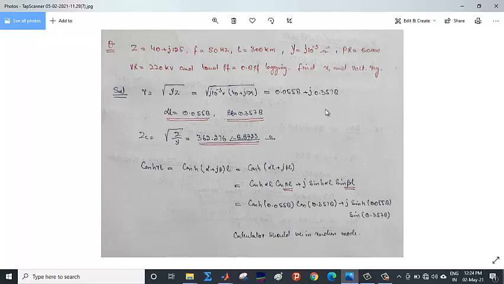I told you that this is alpha and this is beta, but actually it is alpha L and beta L, because alpha and beta are per unit length, and here this is the total impedance of the line and total shunt admittance of the line. So it means that we have already multiplied this L to this Z, and we have already multiplied this L to this Y as well. So that means this will be alpha L and this will be beta L. That's why I told you over here.